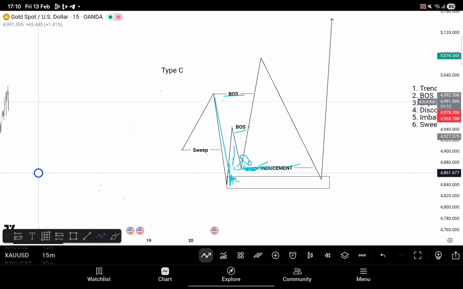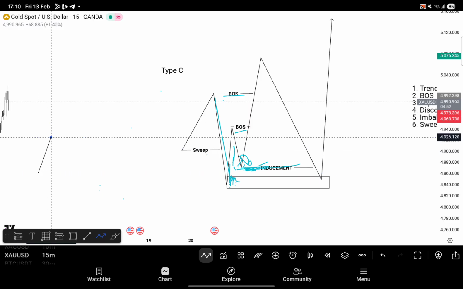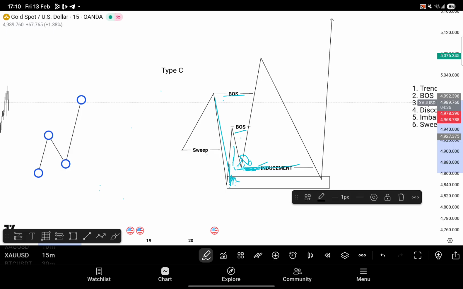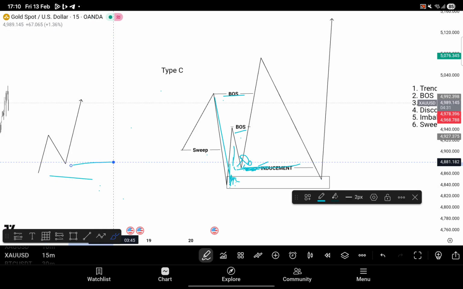When the market is giving us something like this, we don't want to see price take out this low. This low is a protected low.